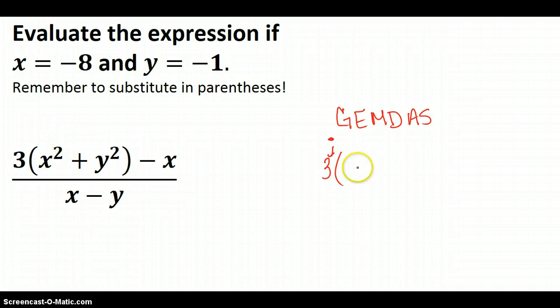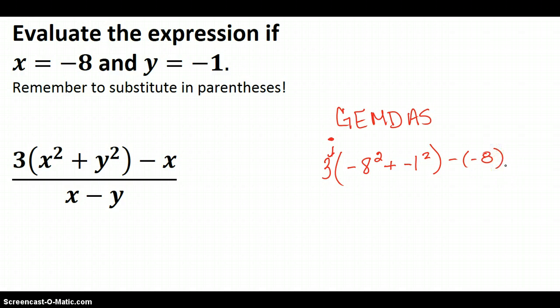So I'm going to take -8 squared. Notice I did not put parentheses around that. This is wrong. So I'm going to keep going the wrong way to show you. Minus, now y is -1 squared, minus, and then x is -1. Oh, excuse me, x is -8.